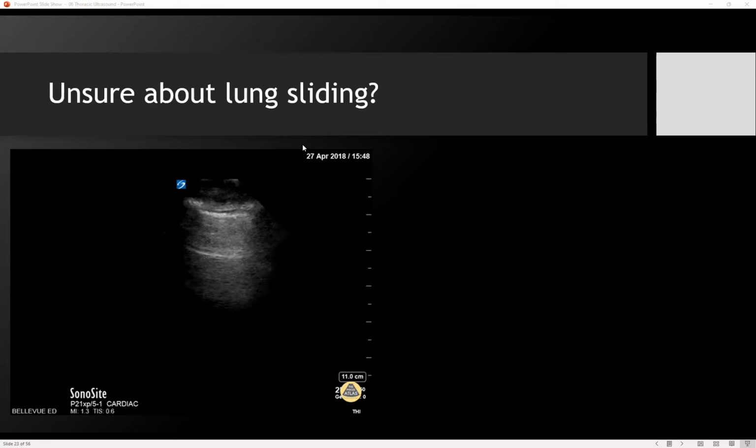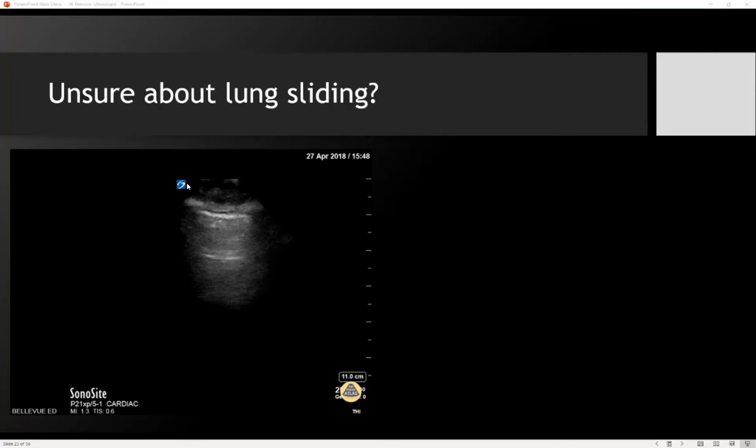We're going to delve into this a bit more, but what if you're not sure? So this is a patient who has a cardiac echo probe, right? And sometimes with the cardiac echo probe, it's actually harder to tell. Some people tell you to look for shimmering of the pleural surface, and that's sort of a sign of lung sliding. And very often you'll be using your cardiac probe because if you're doing this right after, as part of your critical care echo, you don't want to always be switching between probes.